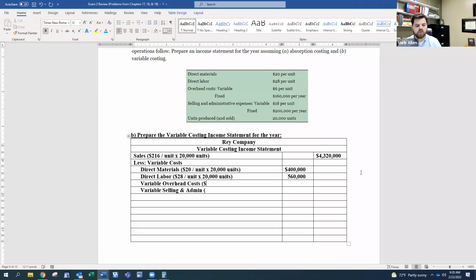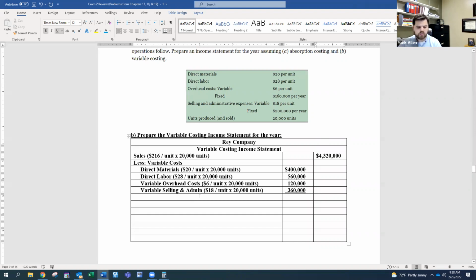For my variable overhead cost, this is, I believe, $6 per unit times 20,000 units. And that is $120,000. And for my variable selling and administrative expenses, what we end up with here is the $18 per unit times 20,000 units. When we do that, this is $360,000. So we'll get rid of this extra space back here.